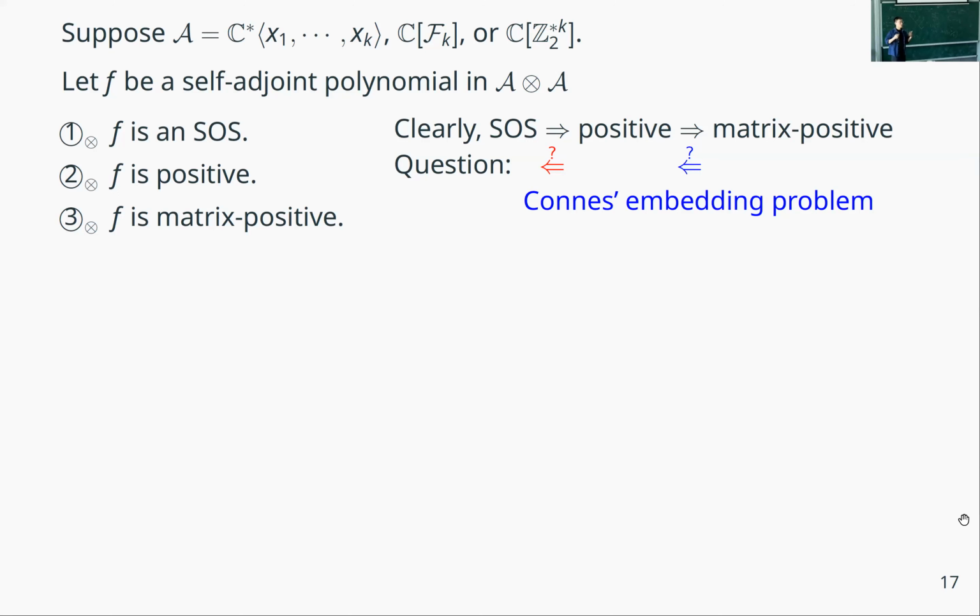Now you have a nonlocal game. You know the maximum winning probability using finite dimensional strategies is 1/2. So this is basically 1/2 minus something is matrix positive. Now you would ask, if I'm allowed to use infinite dimensional resources, can we do better?